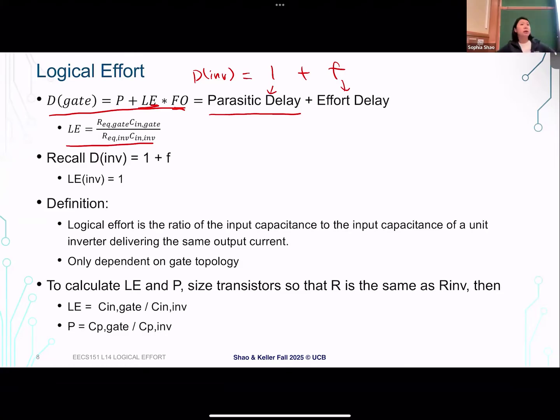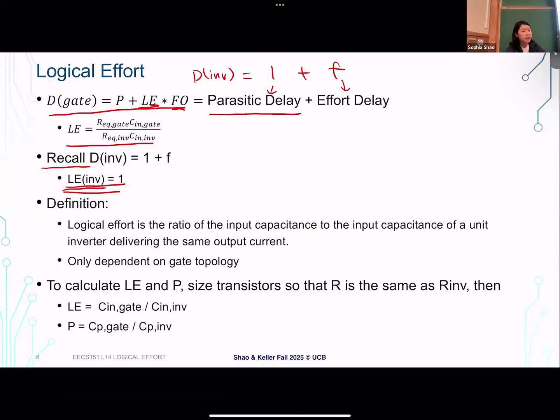And this is the logical effort that we are using as a way to do the first order approximation for the analysis, right? As we mentioned earlier, the logical effort of the inverter is 1, because it has the same RC constant, it has the same topology, right? So in this case, the inverter delay will just be a special case of the logical effort delay for more complex gates, because for the inverter, the logical effort is 1.